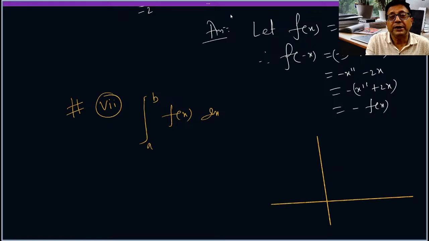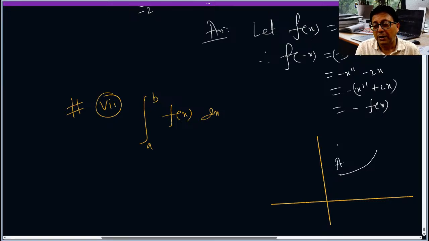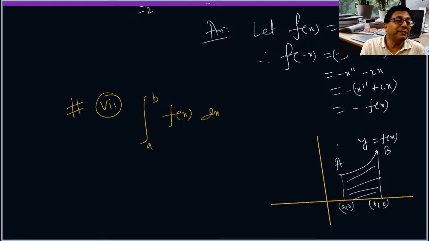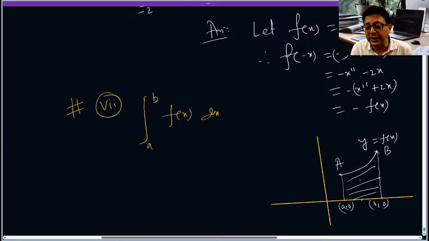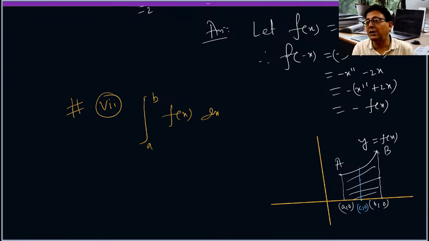Isn't it? If there is a curve bounded between 2 points A and B, then with the x-axis, the function is y equal to fx plotted, a0, b0. A to B fx dx is what? Area. Now suppose you take another point in between, P, whose x coordinate is c, 0.